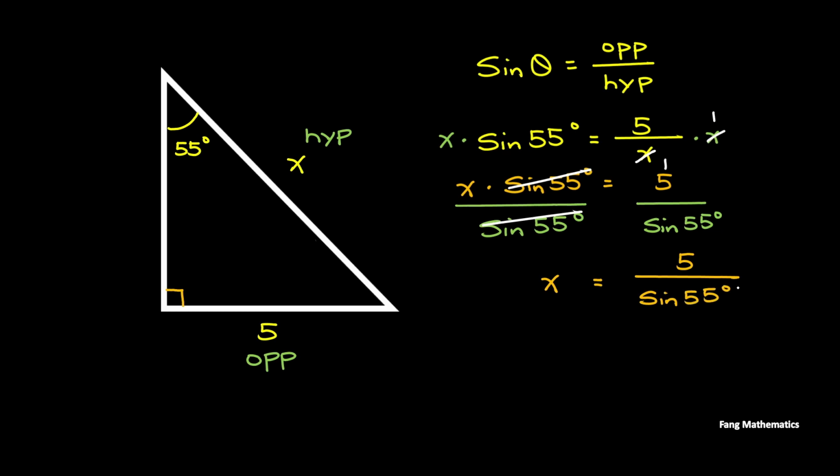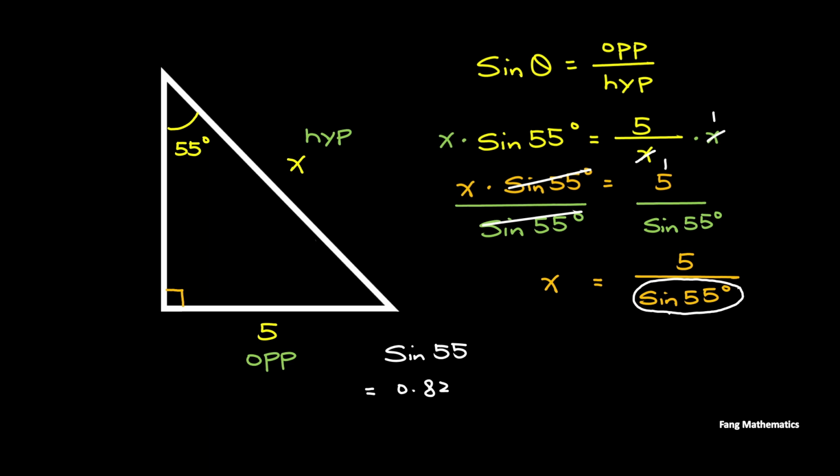And now our task is to turn this sine 55 degrees into a 2 decimal place answer. That is, you are to use your calculator and press sine 55. Remember that your calculator has to be on degree mode. And I believe in 2 decimal places, you should get 0.82.